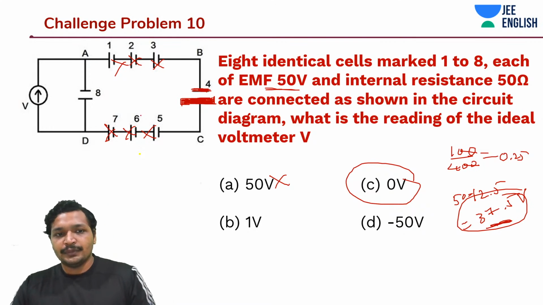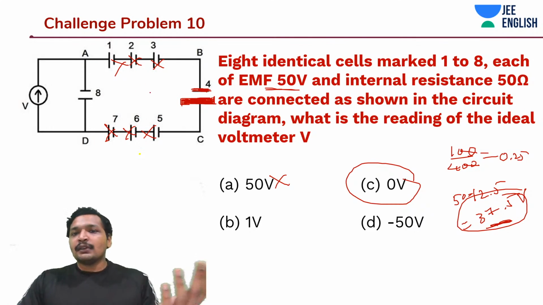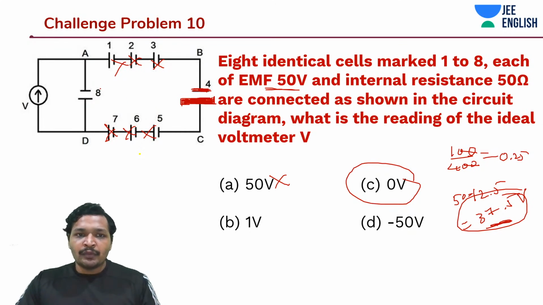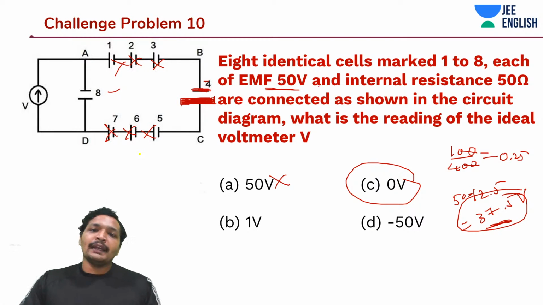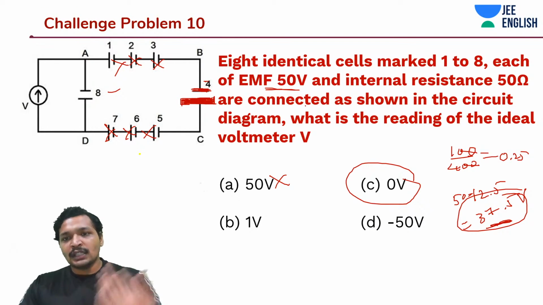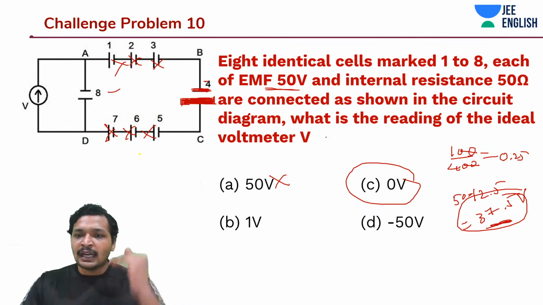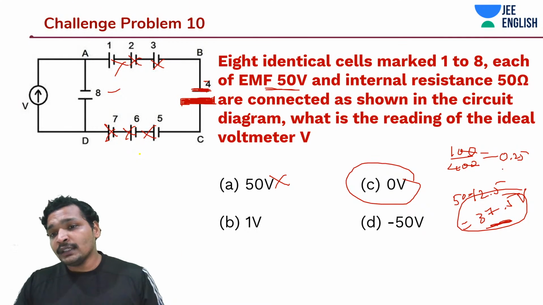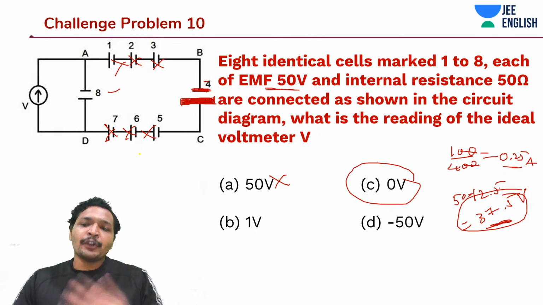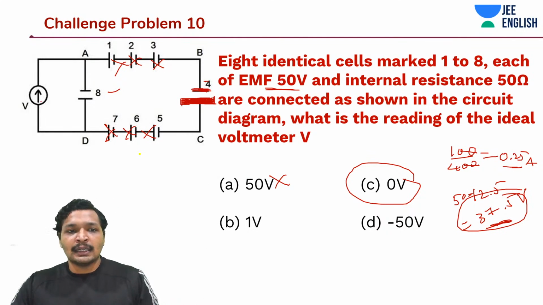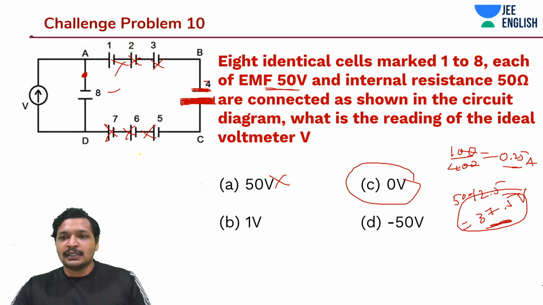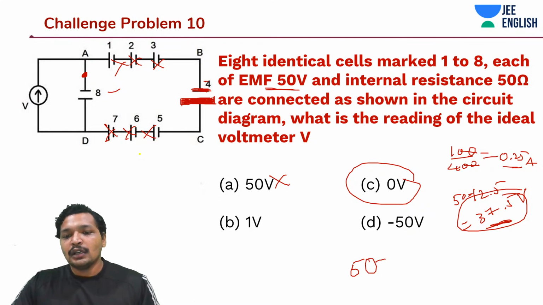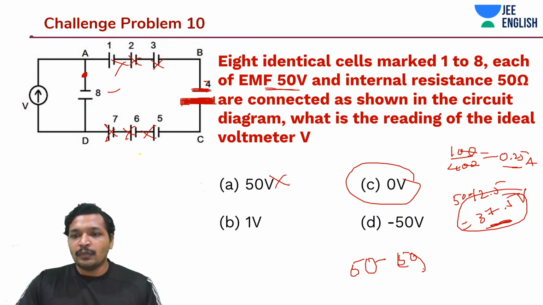Only 8 and 4 would be additive, meaning 100 volts, but there are 8 internal resistances. 100 by 400 is 0.25 amperes. 0.25 amperes flows through the internal resistance of this battery, so there would be a minus of the internal resistance drop: 50 minus 50 into 0.25.